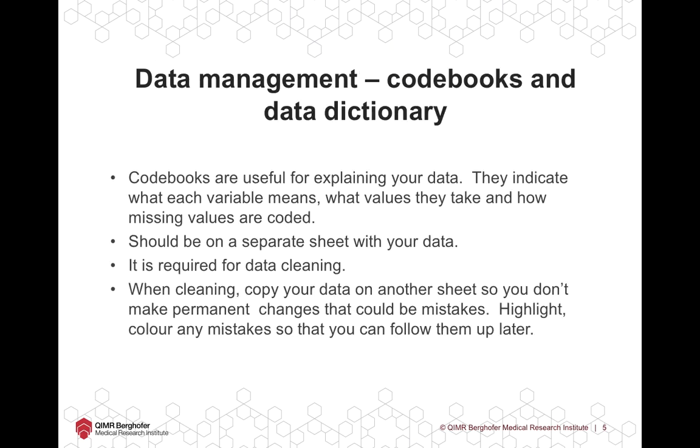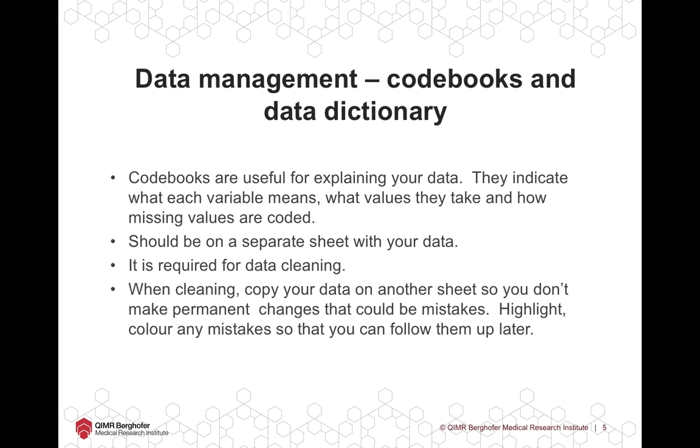So before we even look at a database, we should be considering outlining what variables we want to record. What helps us to do that is what we call a codebook or a data dictionary. It helps you to explain what your data is, and other people can then look at your data and compare it to your codebook to know exactly what is going on.